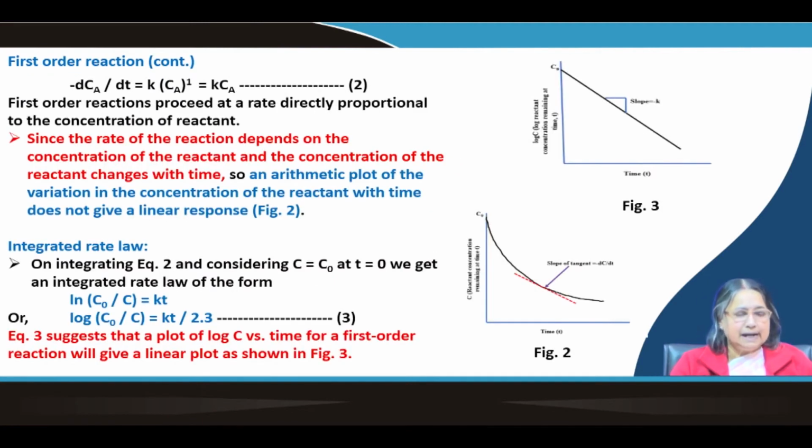Now, for first order reactions, we know the rate expression is like this. So, here you can see that a first order reaction proceeds at a rate directly proportional to the concentration of the reactant. From the rate expression we get this, but this point is very important: since the rate of the reaction depends on the concentration of the reactant, and the concentration of the reactant changes with time, this is understandable.